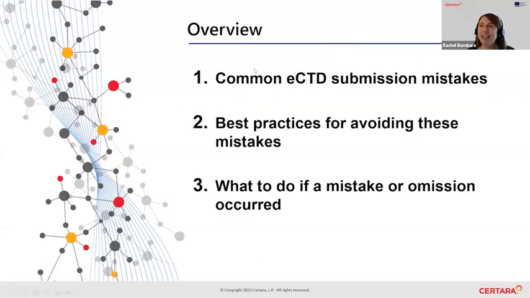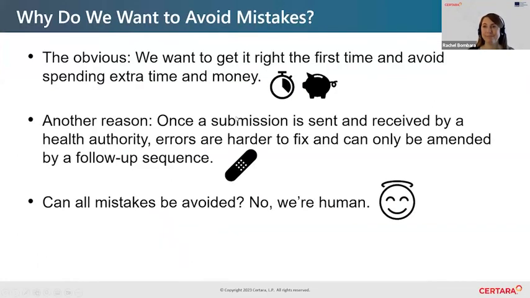All right, as an overview today, I'm going to discuss common eCTD submission mistakes, the best practices for avoiding those mistakes in the first place, and also what to do if a mistake or omission occurred, because we know these things happen. So let's start with the basics. Why do we want to avoid mistakes?